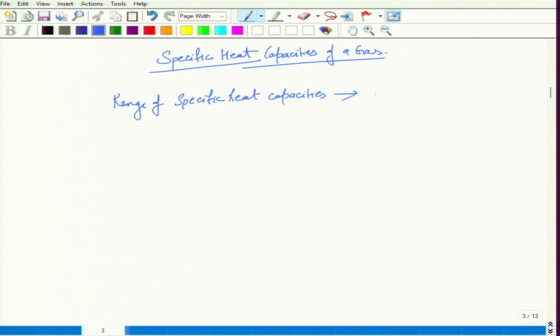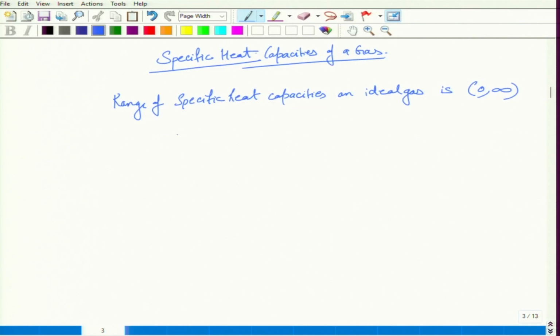I am telling you the range of specific heat capacities of an ideal gas: it varies from 0 to infinity. In this discussion we constrain ourselves to the case of an ideal gas.